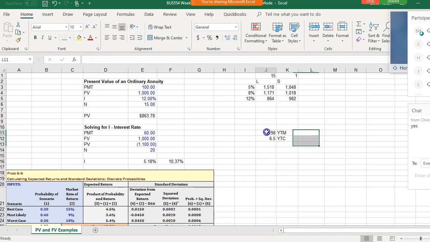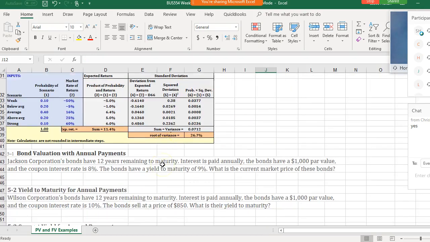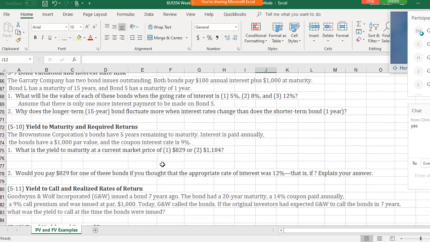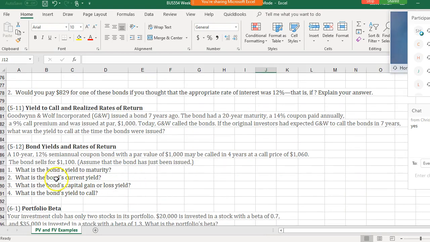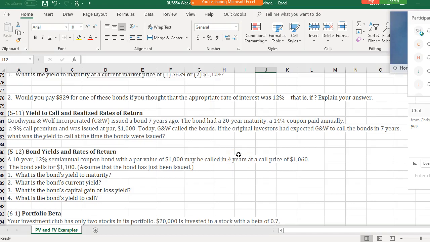I'm going to put that number in right here, 10.37. Okay, there's my YTM. Now let's do the same thing for yield to call. We'll go back down to the question and take a look at that. That's question 4. We'll do that one, and then we'll come back to answer questions 2 and 3. So yield to call is 4 years at a call price of 1,060.